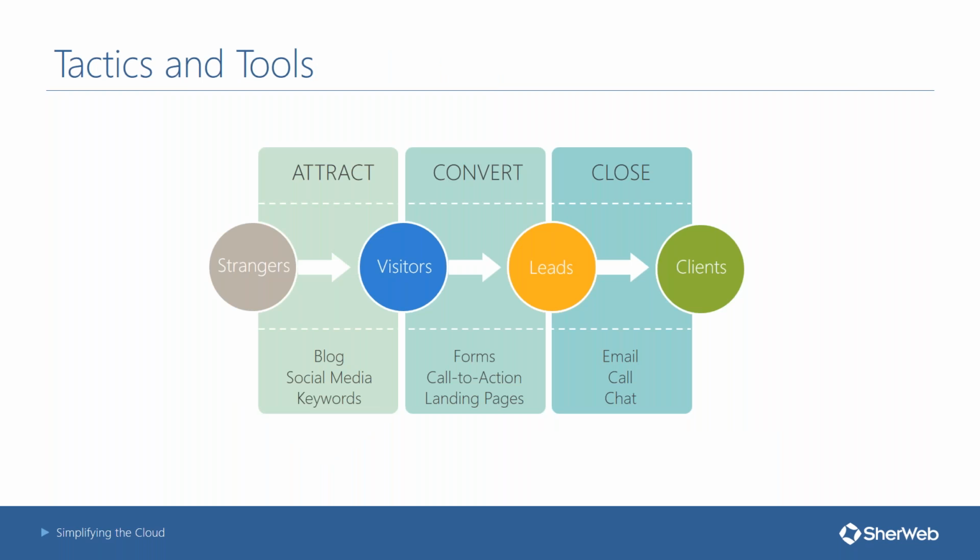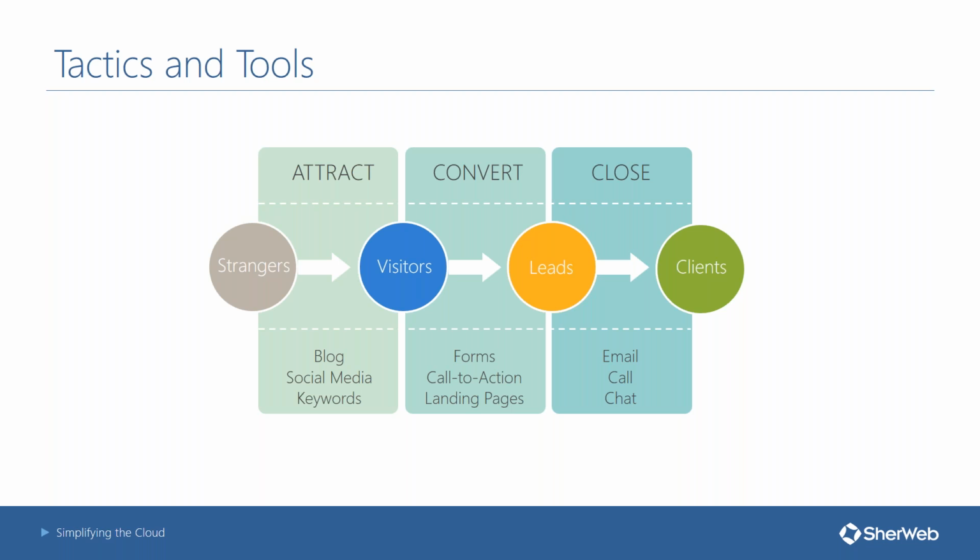The other part that's important after the sales cycle is the tactics and tools. So the stranger through client line is basically the cycle that we had in the prior slide. Then you have 3 action points that consist of your funnel: the attraction stage, the convert, and the close.